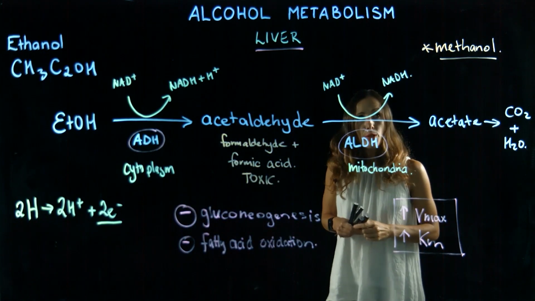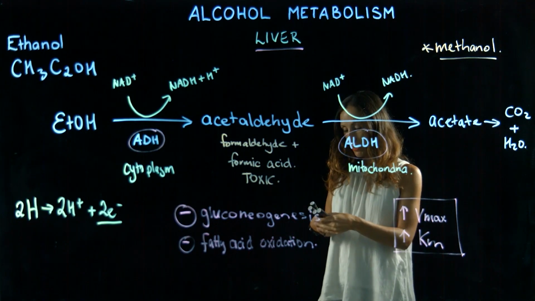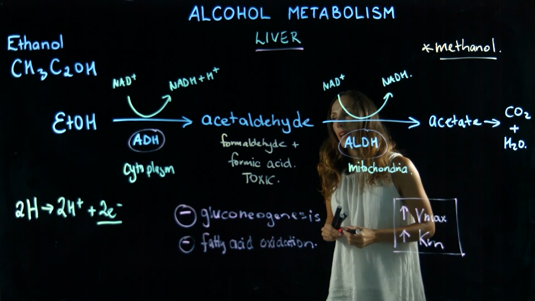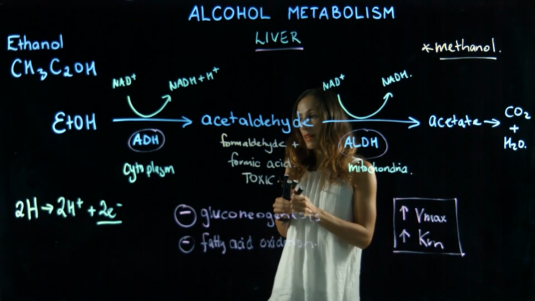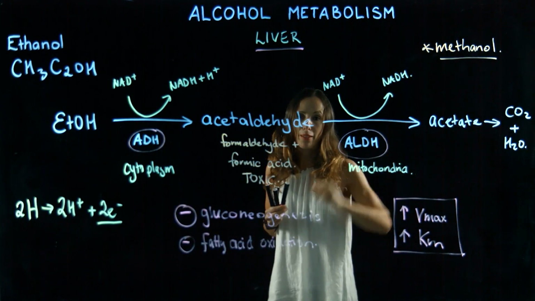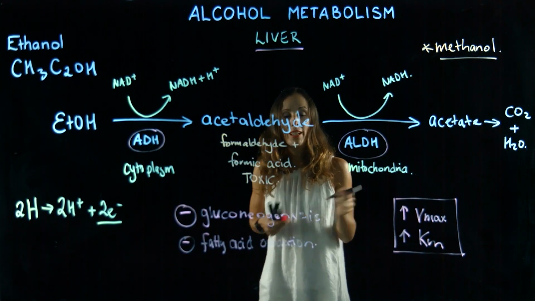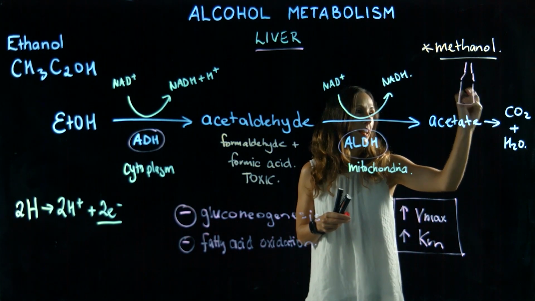Interestingly, if someone has had methanol poisoning and it's recognized early, the enzyme binds better to ethanol than it does to methanol. So what is normally given as a treatment here is actually ethanol.